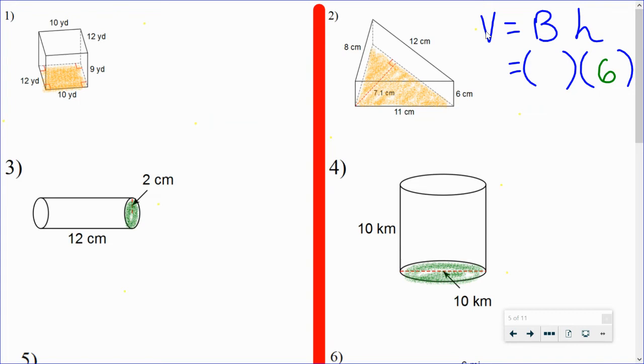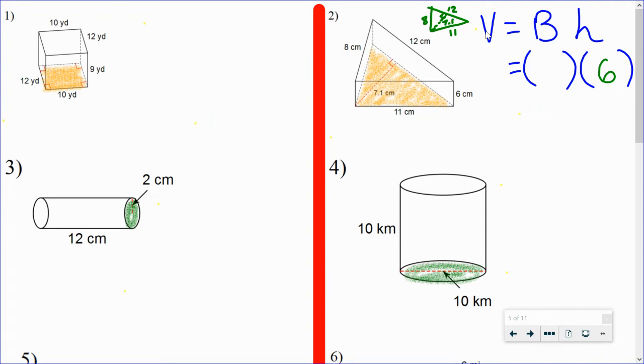Now, area of the base is no joke. Some of you will come off to the side and you're going to draw a new triangle, in which case this side is 11, this side is 8, this side is 12, and the guy in the middle is 7.1. But guess what?